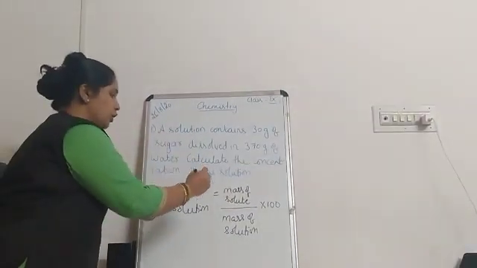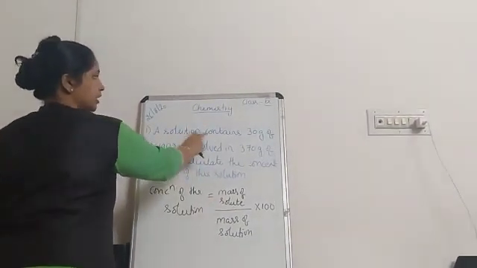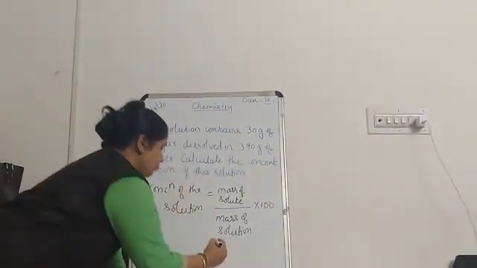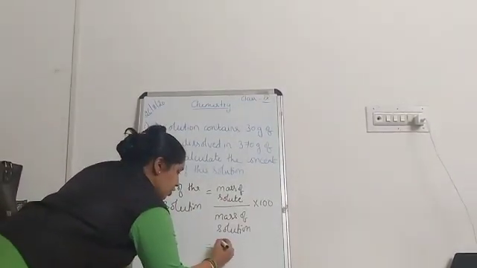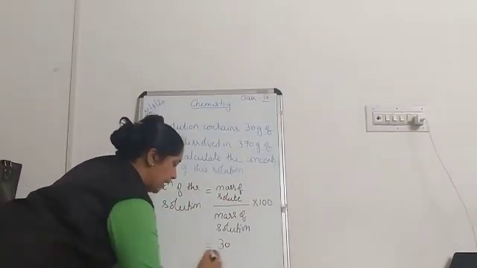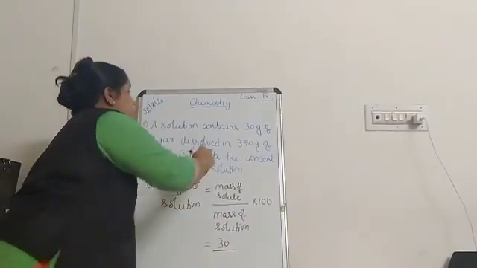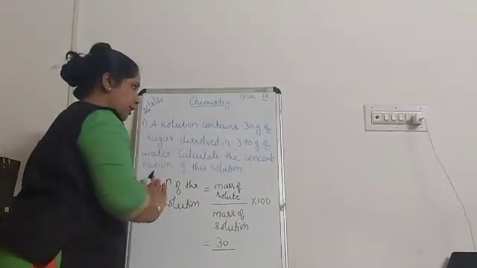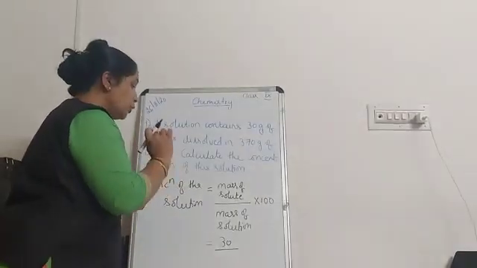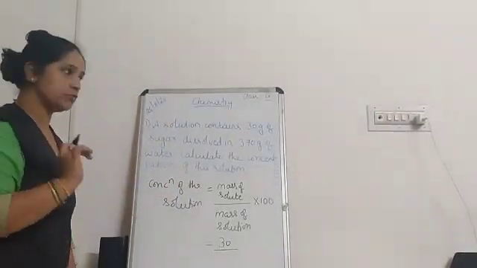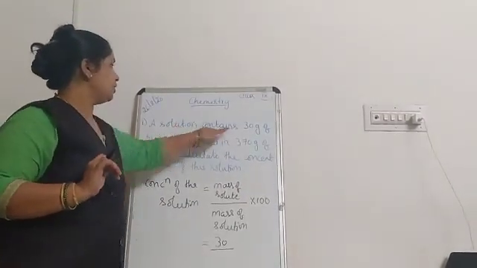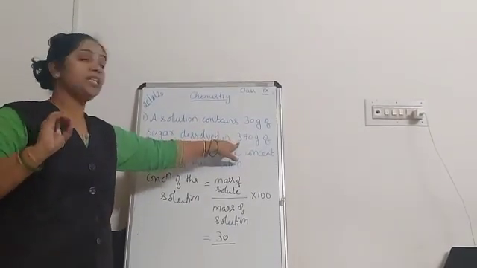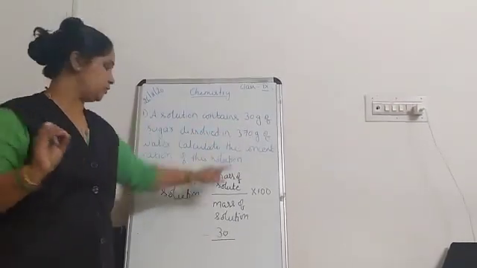So mass of solute, it is given, a solution contains 30 gram of sugar. So here sugar is the solute, so mass of solute will be 30 grams divided by the mass of solution. They have given 370 gram of water, so you have to first calculate the mass of the solution. The solute will be 30 gram, the solvent will be 370 gram. So what will be the mass of the solution?